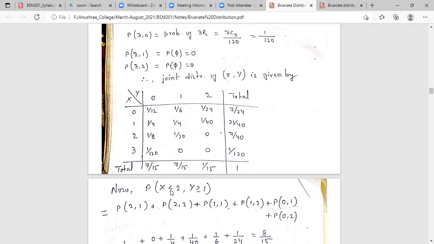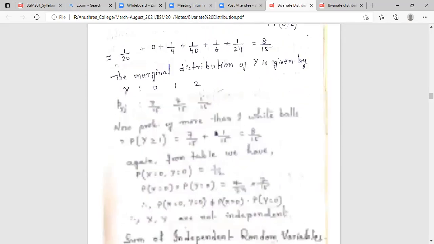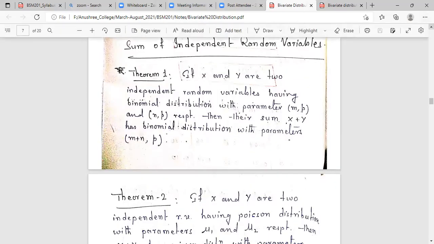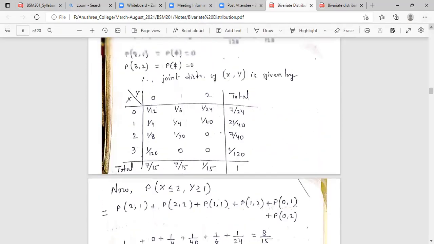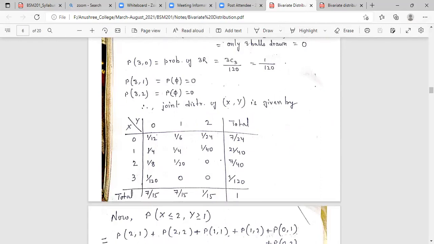I mean, what values can X take? 0, 1, 2, and Y can take 1 and 2, because the maximum value of Y is 2. So X equals 2, Y equals 1; X equals 2, Y equals 2; X equals 1, Y equals 1; X equals 1, Y equals 2; again X equals 0, Y equals 1; X equals 0, Y equals 2, right? And taking the sum, we will get the required probability.